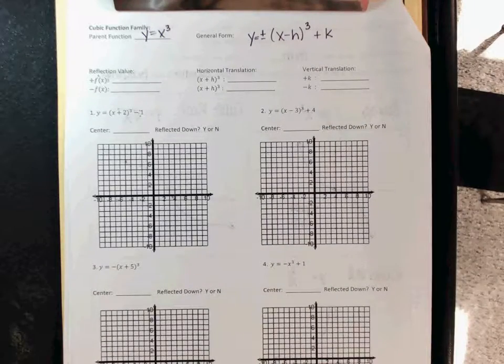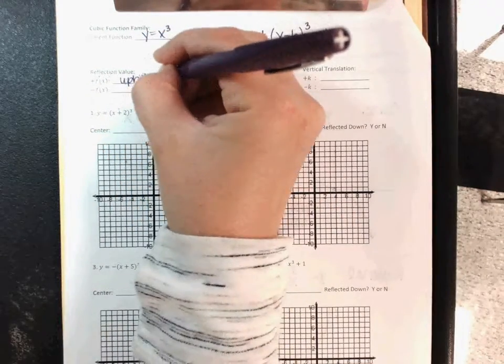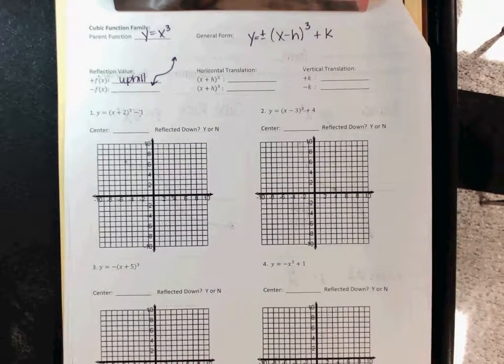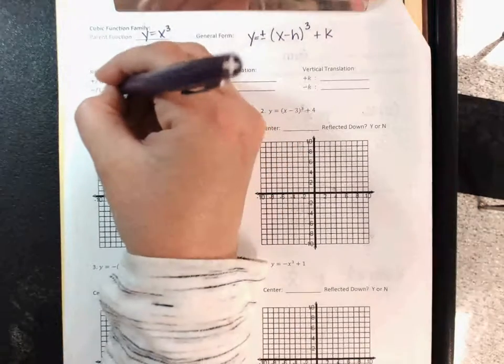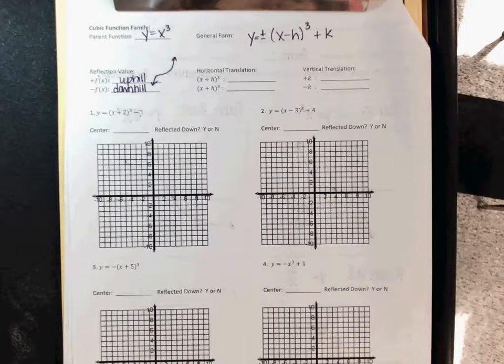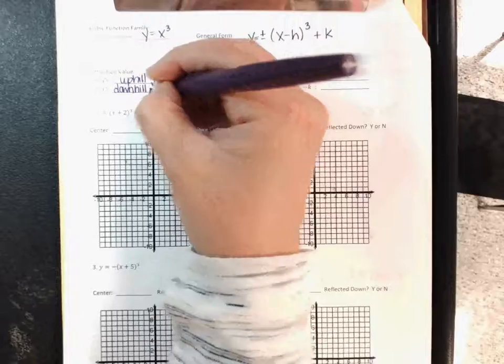Okay, think about what the plus minus did yesterday. It can flip your graph upside down. So if we have a positive, our graph is going to be going uphill. Okay, and it is still going to squiggle or swivel. Okay, what do you think the minus is going to do? Yeah, that's right. It's going to go downhill. So instead of going as an up squiggle, it's going to go as a down squiggle, like that. That's the only difference, though.